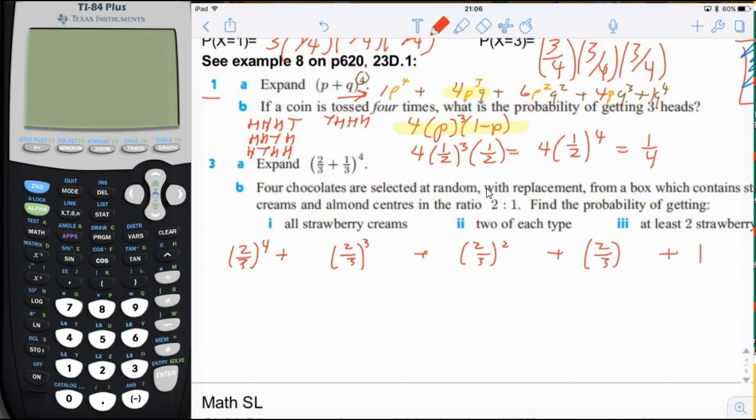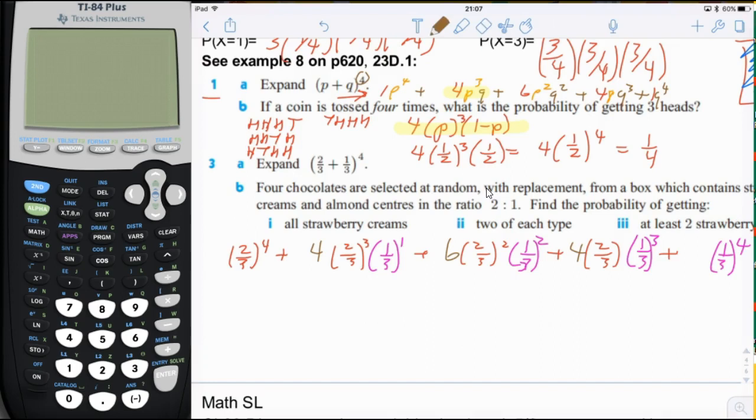And then in the opposite direction, we're going to be doing 1/3. 1/3 to the 0, so there's no 1/3 there. 1/3 to the 1, 1/3 squared, 1/3 to the 3rd, and 1/3 to the 4th. And then we're going to put our Pascal's triangle coefficients here. It's going to be 1, 4, 6, 4, 1. We don't need these ones here, do we? Okay. And we're done. That's part A.